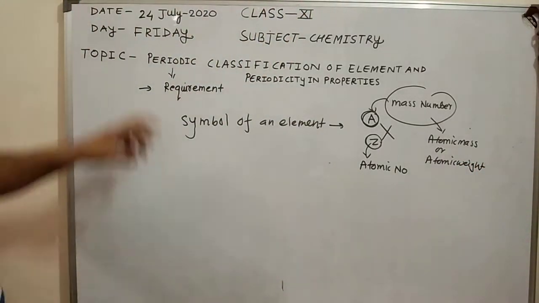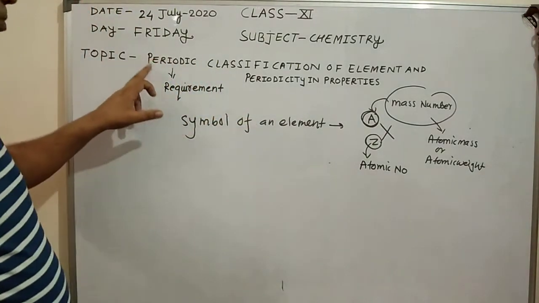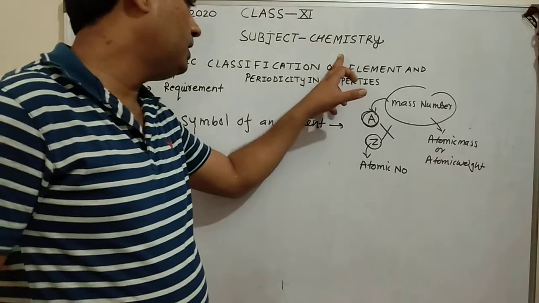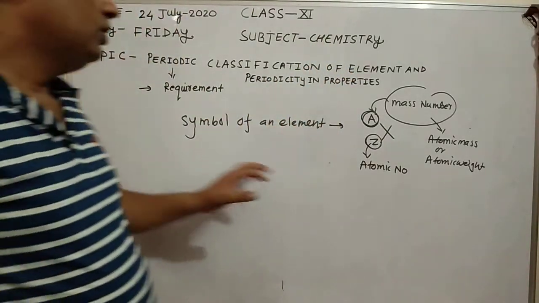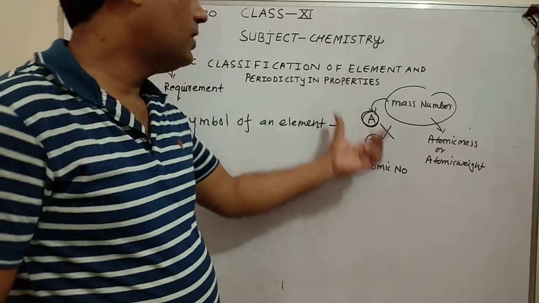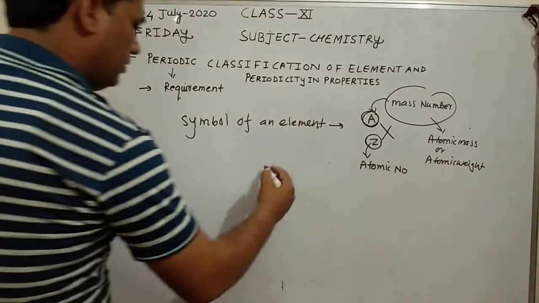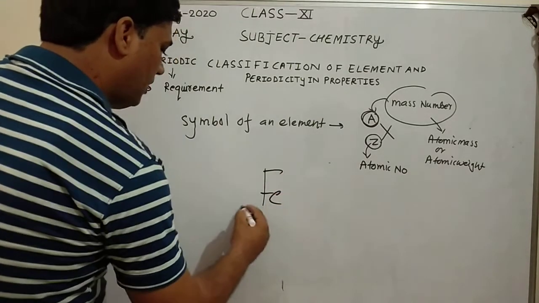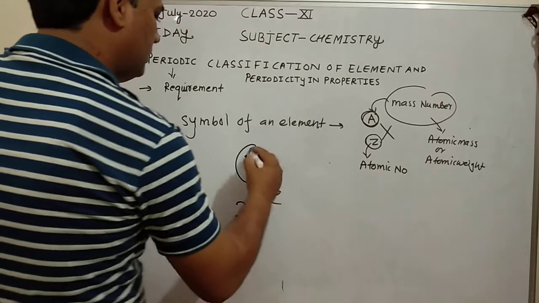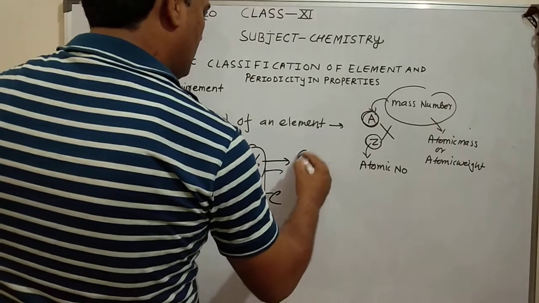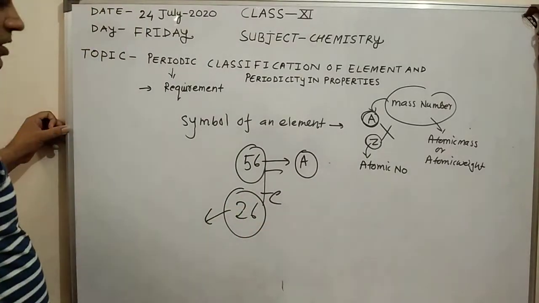So for better understanding of the topic periodic classification of elements and periodicity in properties, you are required to know what is atomic number and what is atomic mass. For example, the symbol of iron is written as Fe with 26 and 56. 56 is the mass number and 26 is the atomic number.